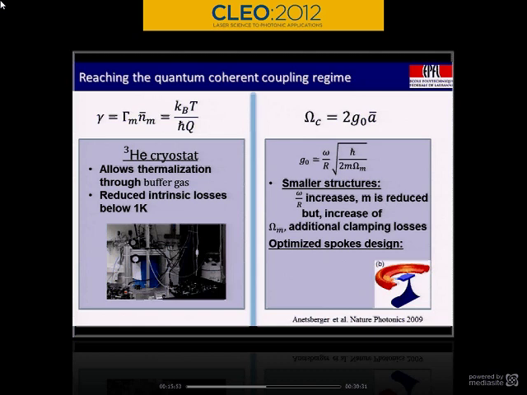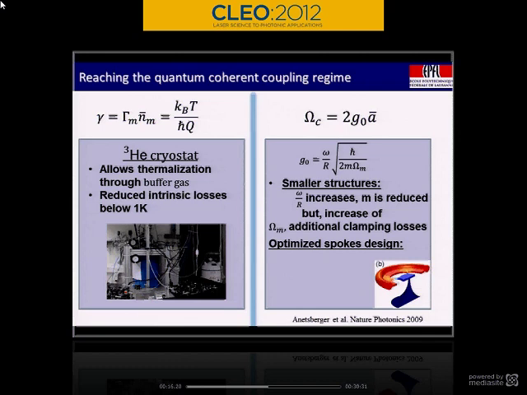Now, the second aspect is, even if you have a large coherent coupling rate, you still want the mechanics and the light field to interact faster than the thermal decoherence rate. And this thermal decoherence rate is proportional to the inverse Q of the mechanical oscillator and directly proportional to temperature. So it's clear that if the mechanical oscillator is in a very low temperature environment, you can make the thermal decoherence rate very low.